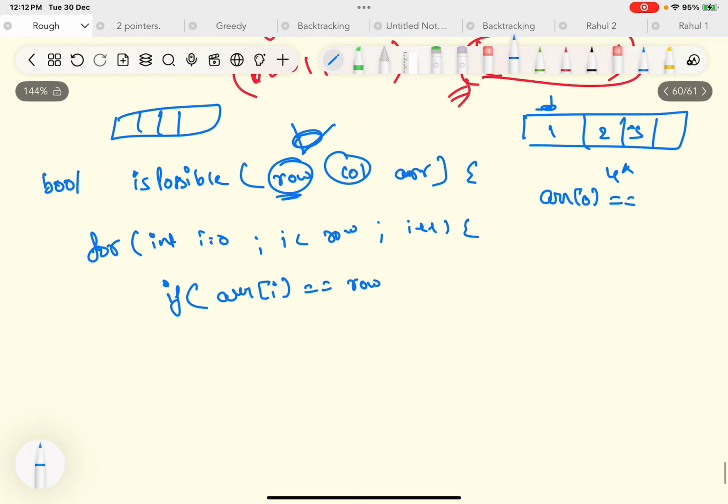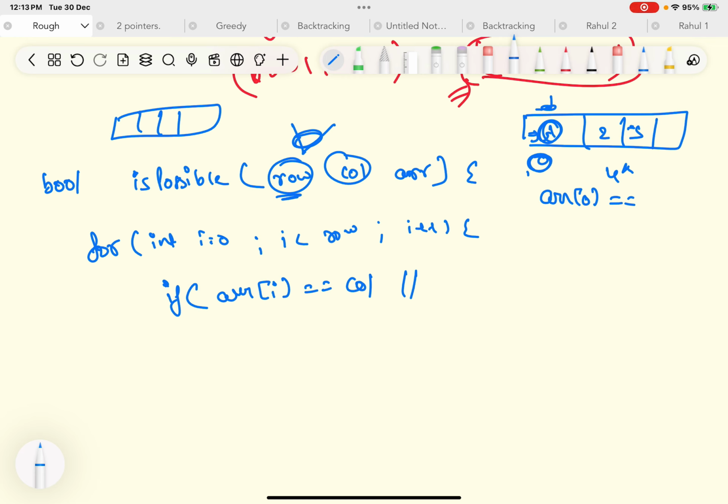Because what is this index denoting? Index is denoting the row number, and the position is denoting the column number. So we cannot put the same row, column. This 0 is denoting the row number, and 1 is denoting the column number.